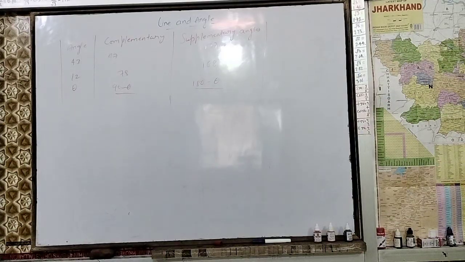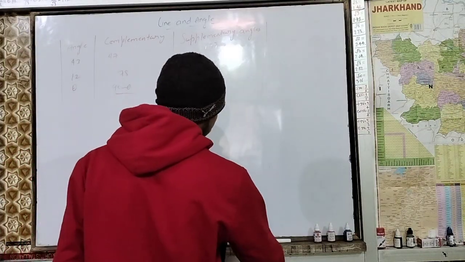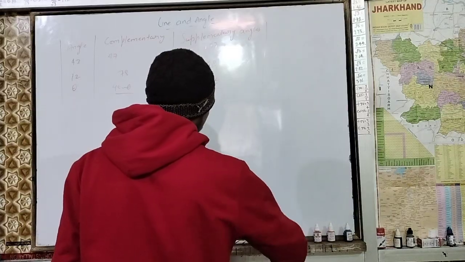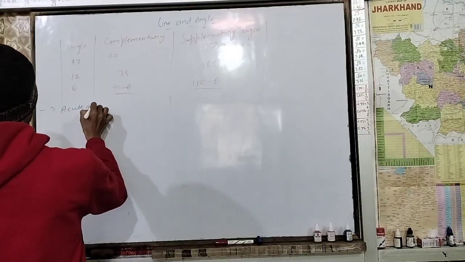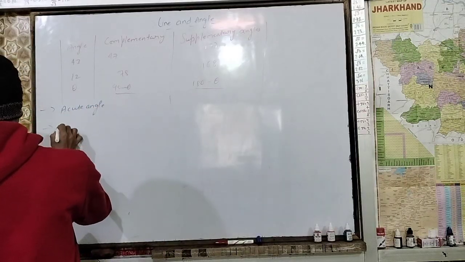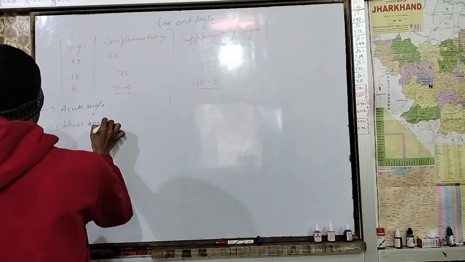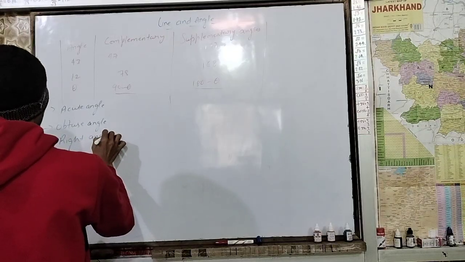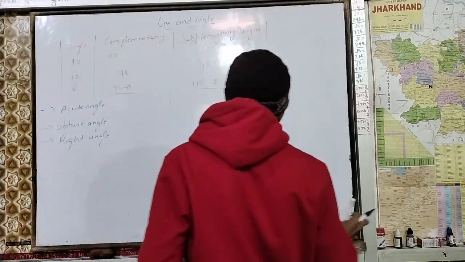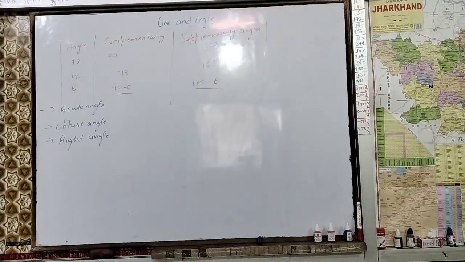Now let's see acute angle, obtuse angle, and right angle. It's not difficult to understand this.